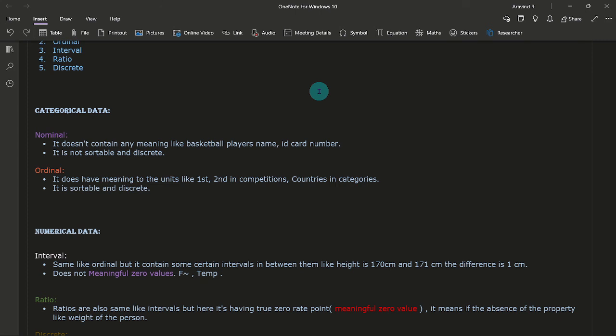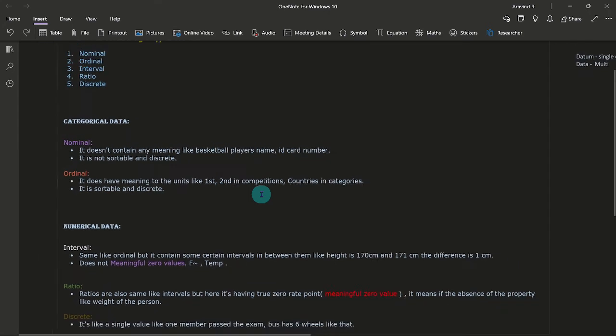Then after the basic concepts of math, we will go for measures of central tendency in statistics. Then measures of dispersion, then regression, then confidence intervals, then ANOVA, t-test, hypothesis testing, and many more to come. So be ready for this.